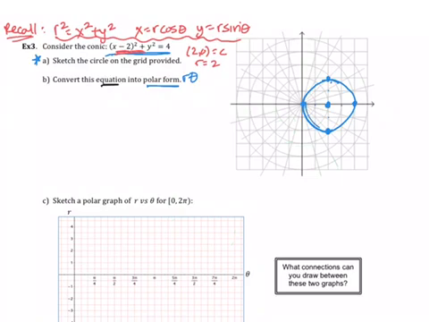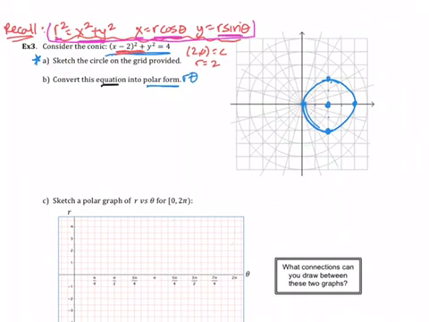The second part of the question asks us to convert the equation into polar form. In order to convert into polar form, you should recall that r squared equals x squared plus y squared, x equals r cosine theta, and y equals r sine theta.